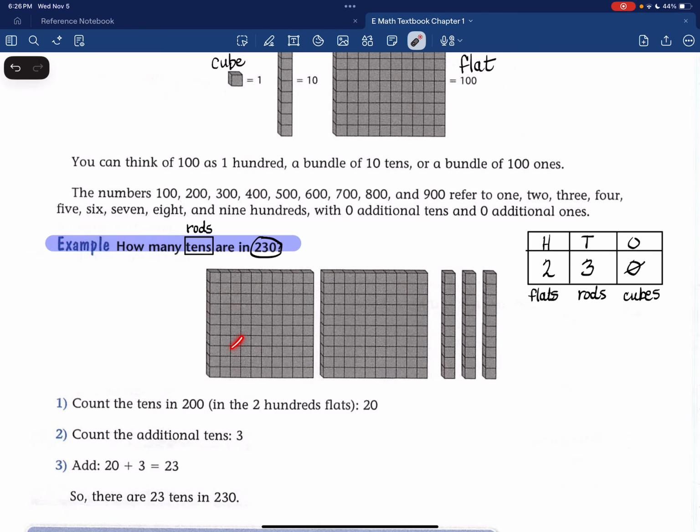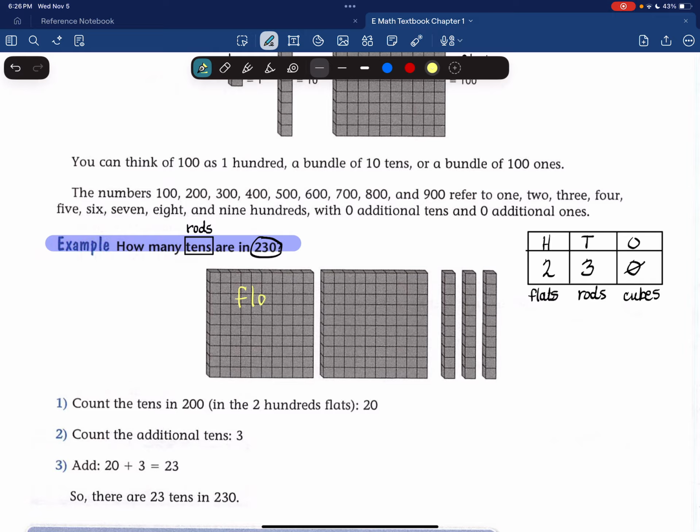But remember that each of those flats is a bundle of rods. So literally, let me get a different color. This one flat is a bundle of 10 rods. This flat is a bundle of 10 rods. And then we have the 3 rods that you see there.